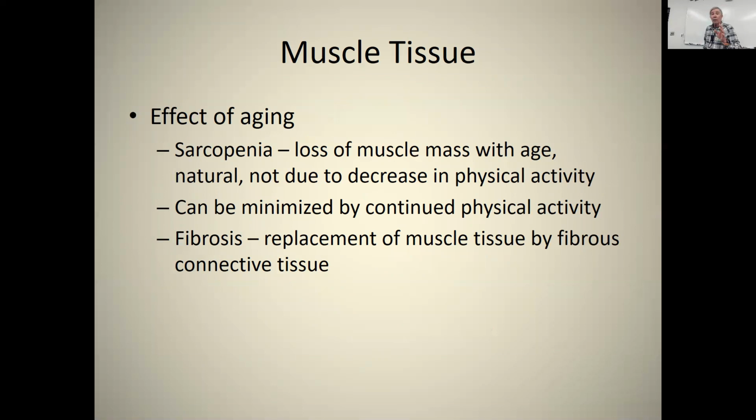It's natural, so that's why it's good to be exercising your whole life to try to limit the extent of sarcopenia. Like I said, it can be minimized by continued physical activity. And then fibrosis is replacing muscle tissue by fibrous connective tissue, and of course that doesn't contract.